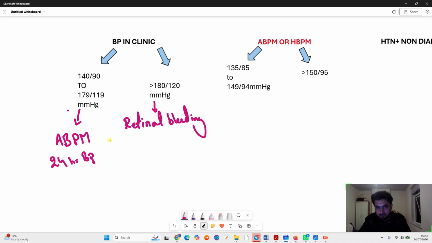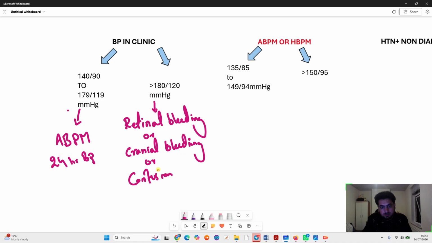Does the patient have cranial bleeding, like a hemorrhagic stroke? Does the patient have any new confusion, chest pain, heart failure, or acute kidney injury? You have to look for these signs.